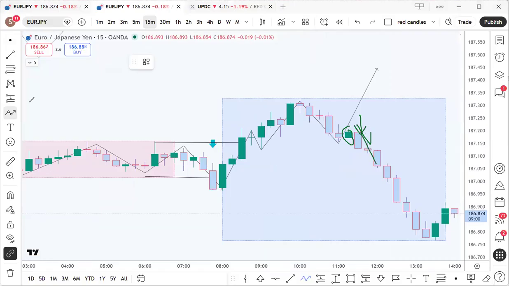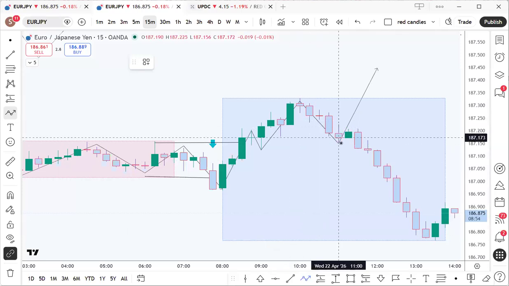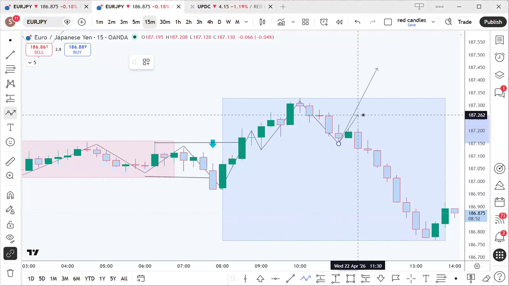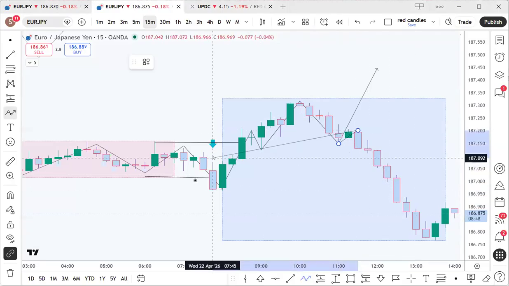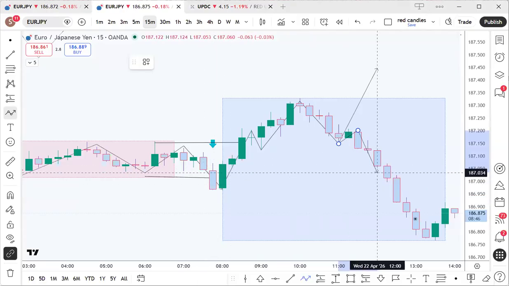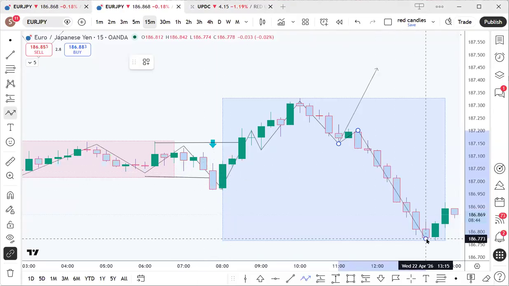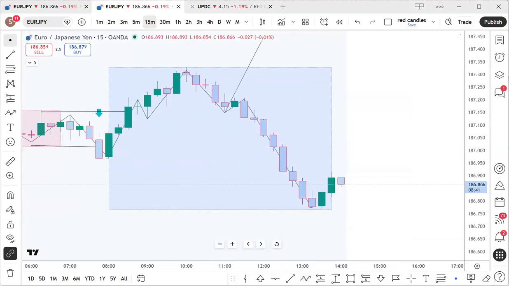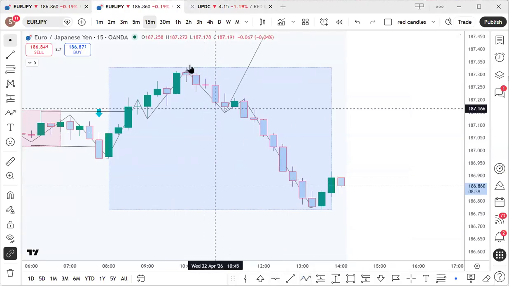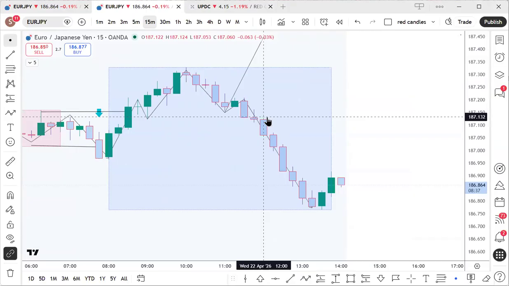Okay. So at this zone here, when the market refused to go back up, what did it do instead? It came back down, breaking these structures down here now. Yeah. So you have a situation where price did not give you a follow through.